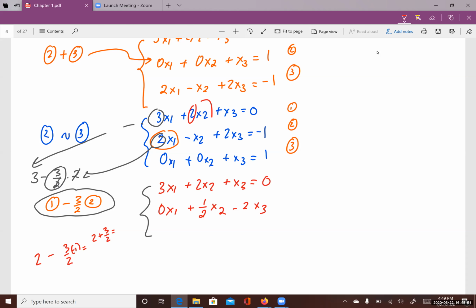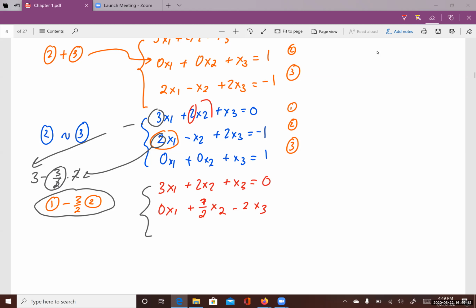So that would be 7/2. 4 plus 3 is 7/2. So I should have 7/2 x2 instead of 1/2 x2.